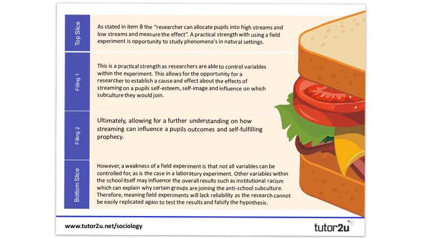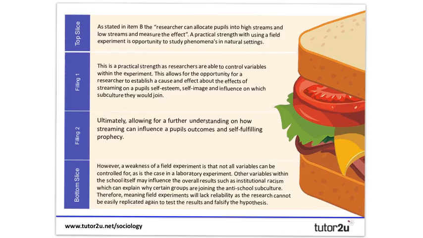Now, the bottom slice of this is obviously analysis and evaluation overall. However, a weakness of field experiment is not all variables can be controlled for, as in the case with lab experiments. Other variables within the school itself can influence the overall results, such as institutional racism, which can explain why certain groups are joining anti-school subcultures and why others are not.